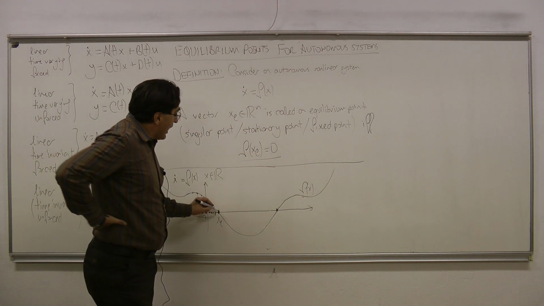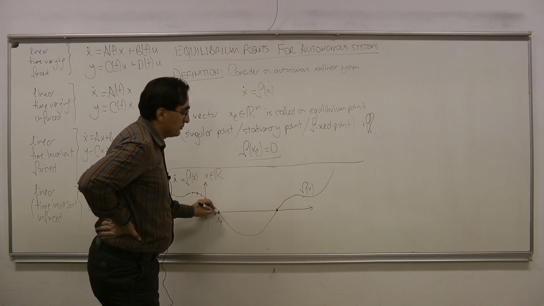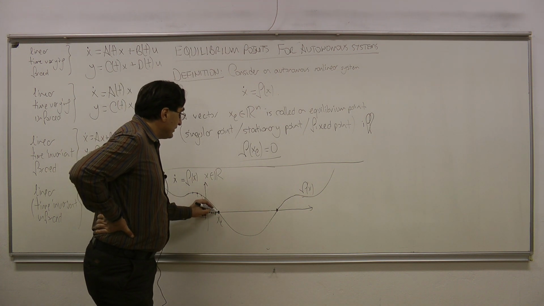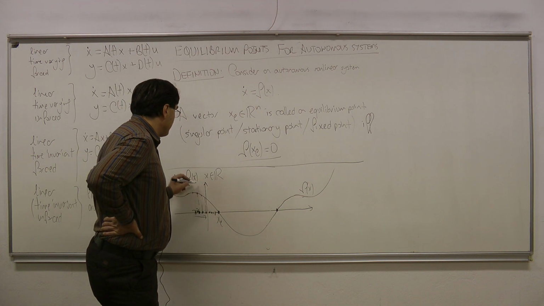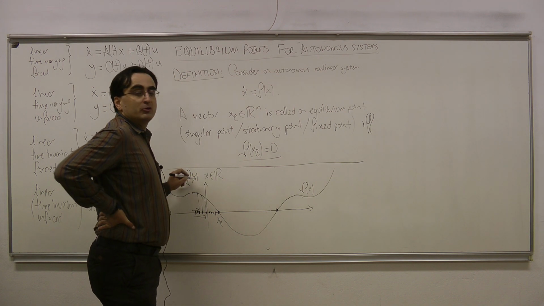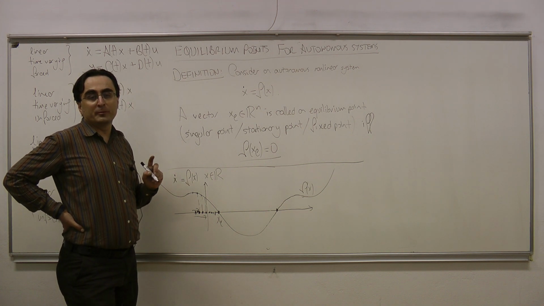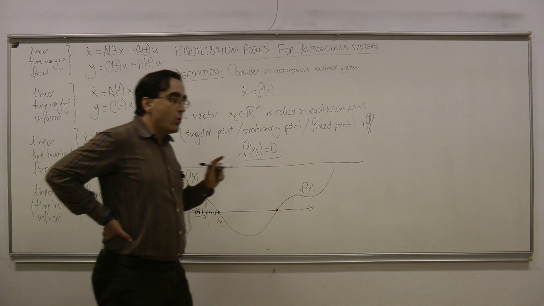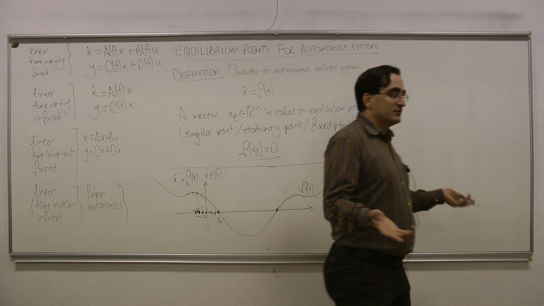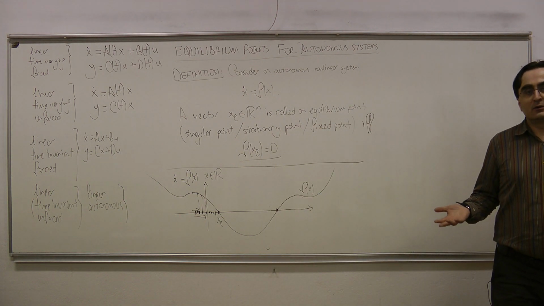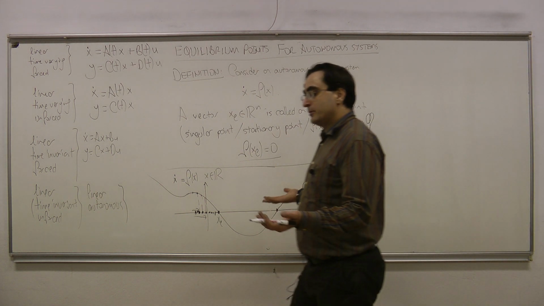So what is going to happen when x reaches this point? f of xe is going to be equal to 0, and that means that x dot is going to be 0. When x dot is equal to 0, what does it mean for the motion of x? It means that x is going to be a constant.